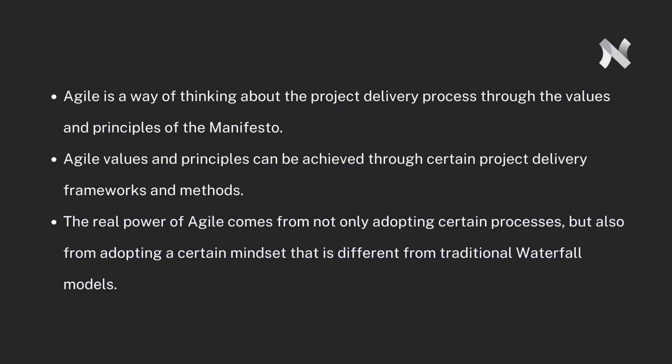These two ways of applying Agile demonstrate that the real power of Agile comes from not only adopting certain processes or strategies, but also from adopting a certain kind of mindset, one that is necessarily different from the traditional waterfall models. This means you can still get the same benefit from thinking in an agile way and seek to apply those agile values and principles from the Agile Manifesto even when you need to use a waterfall delivery approach.